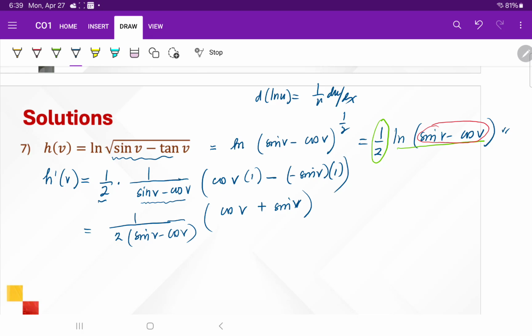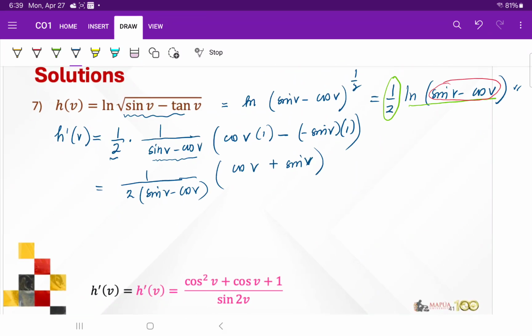So if you simplify further, we could find the LCD. So how did you get this one? Because we have the formula that sine of 2v is 2 sine v cosine v.